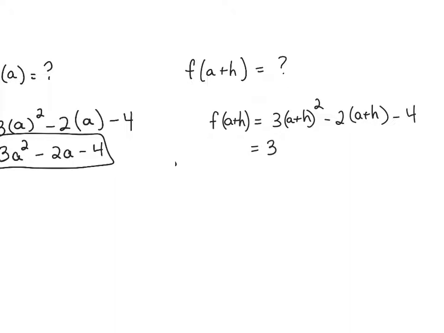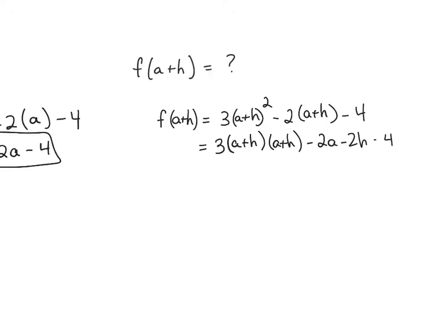So 3 times, and then a plus h squared is really a plus h multiplied by another a plus h, minus 2a minus 2h. I just distributed the negative 2 there. And then minus 4. And a plus h multiplied by a plus h, if you use the distributive property, you're going to get a squared plus 2ah plus h squared.